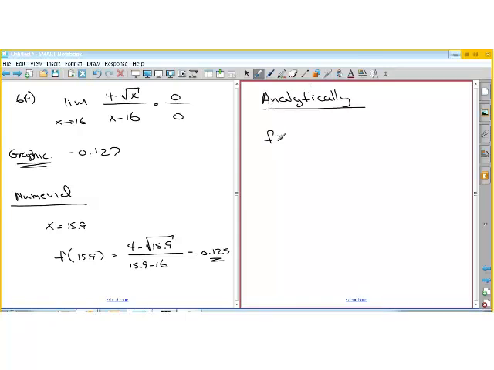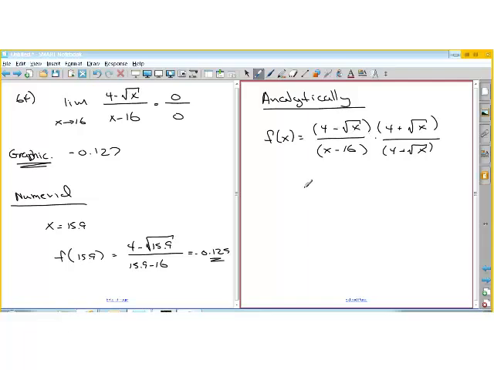So I'm just going to take the function, f of x is equal to 4 minus the square root of x over x minus 16, and then we multiply by 4 plus the square root of x over 4 plus the square root of x. Now, I could have used negative 4 minus the square root of x. It doesn't matter. I just chose it so that I'd end up with something positive.